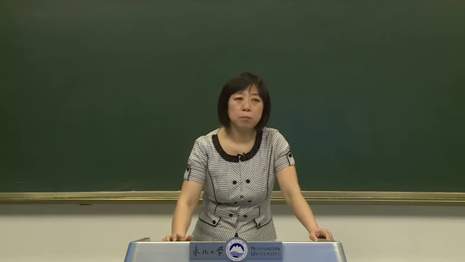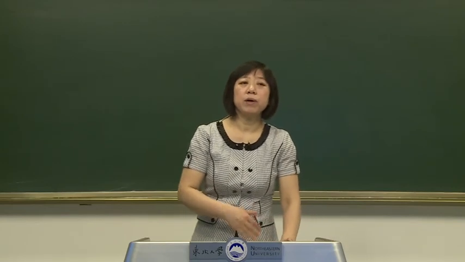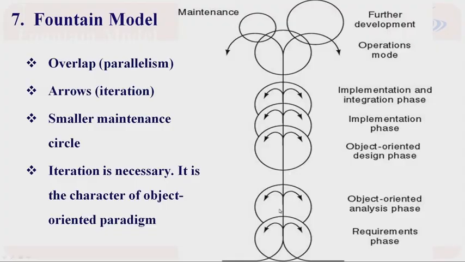So actually, most of the parts that we learned in our course just follow this model. So you will find that in the previous chapters, we have learned the requirement phase, object-oriented analysis phase, object-oriented design phase, implementation and integration, right? Okay, so this is for the TAME model.